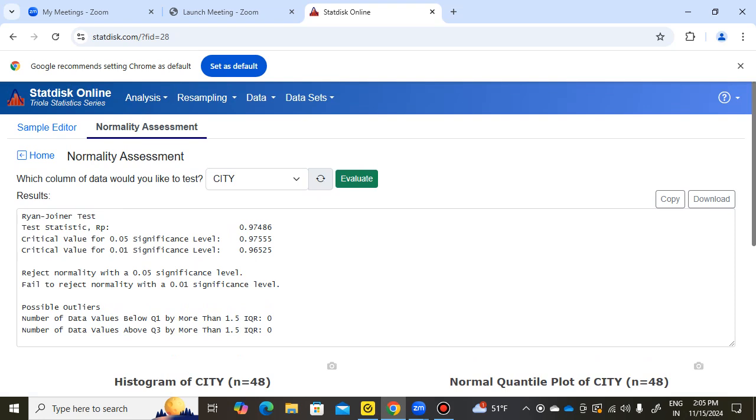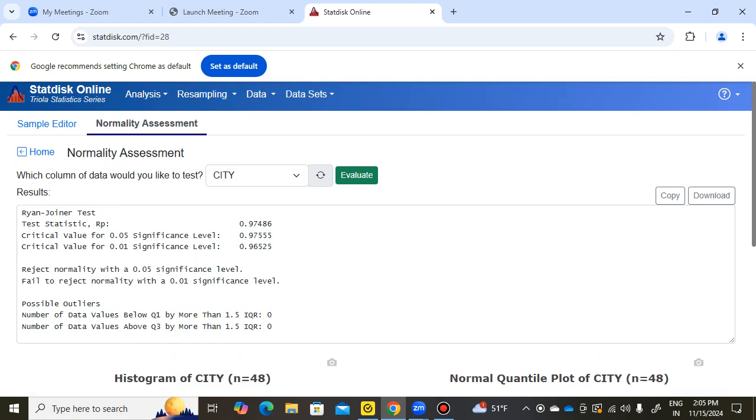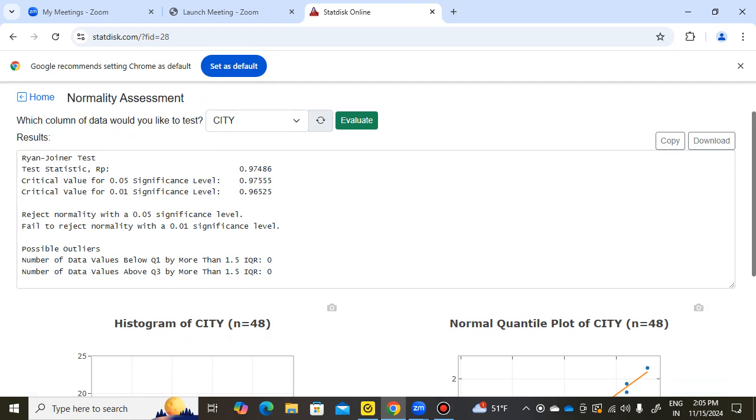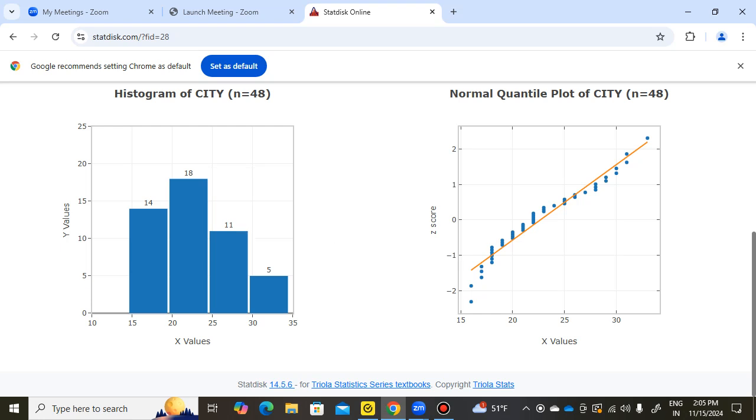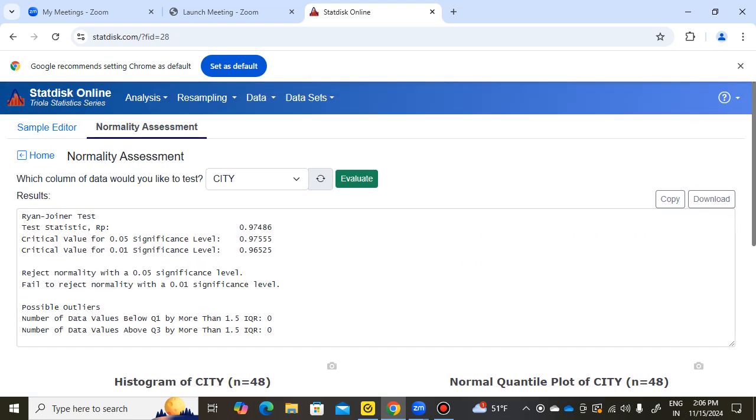But if our significance level is too low, then we don't have enough evidence to reject it. So with this, and especially with the quartile plot being a little bit farther on these ends, I would reject at the 0.05 level.